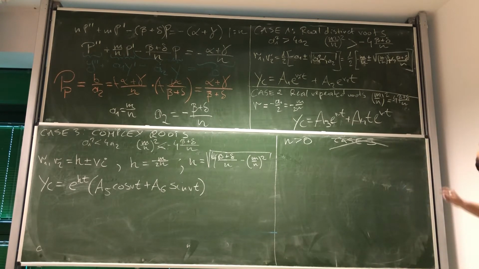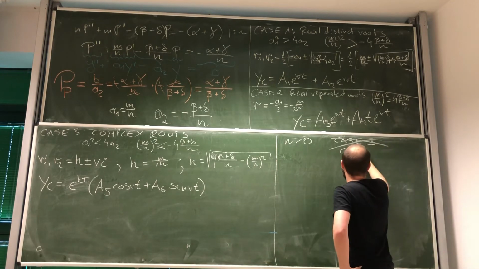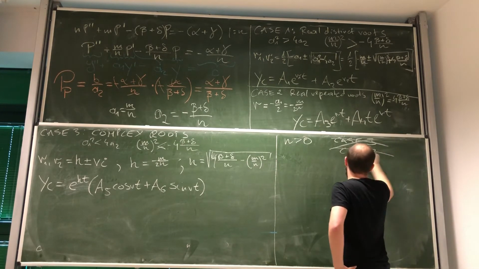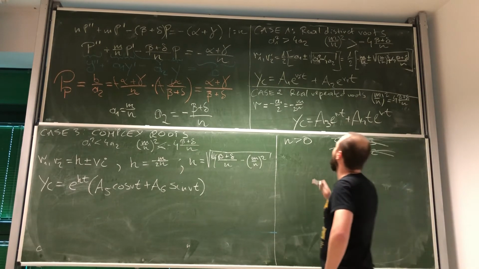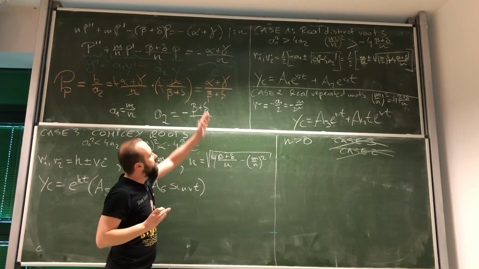Again, this expression on the left is definitely positive because it's in squares. It has a minus up front. This case is also impossible. So the only possible case here is actually case number 1.